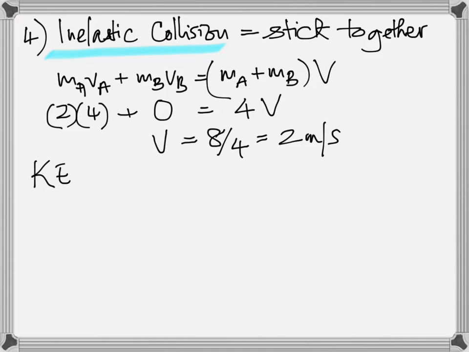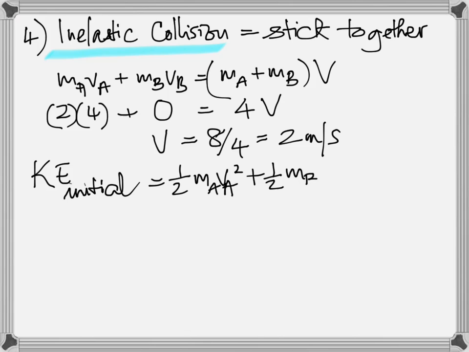But the question goes on to say, what is the loss of kinetic energy? How do you find the loss of kinetic energy? Yeah, you find the kinetic energy before and then find the kinetic energy after, isn't it? Okay, that's what is done. Initial kinetic energy is 1/2 mAvA squared plus 1/2 mBvB squared.